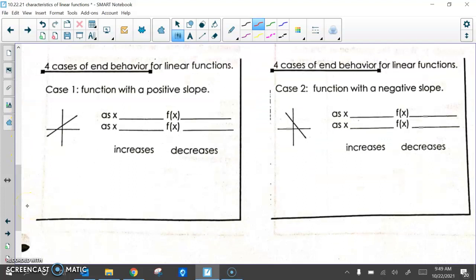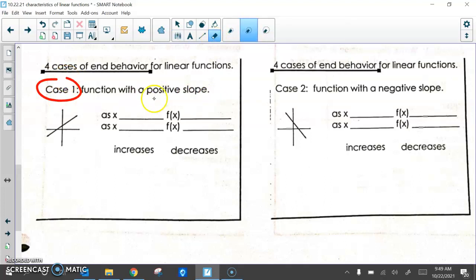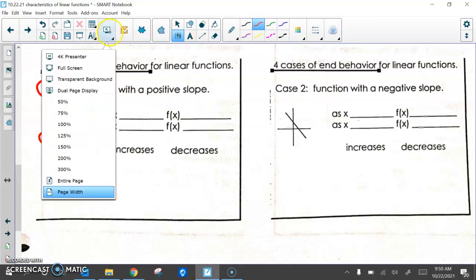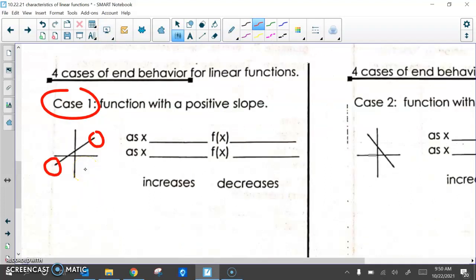There are 4 cases for end behavior. Case 1 is, what if it's a positive slope? Remember, you're looking at the ends. Again, it is always going to be increase and decrease for the x's. As x increases, as I go this way on my number line, what is my arrow doing?